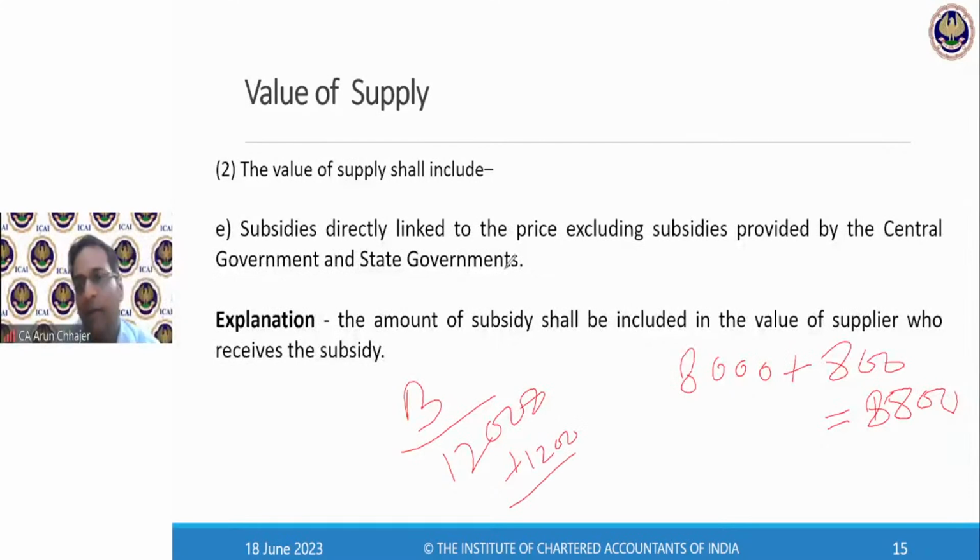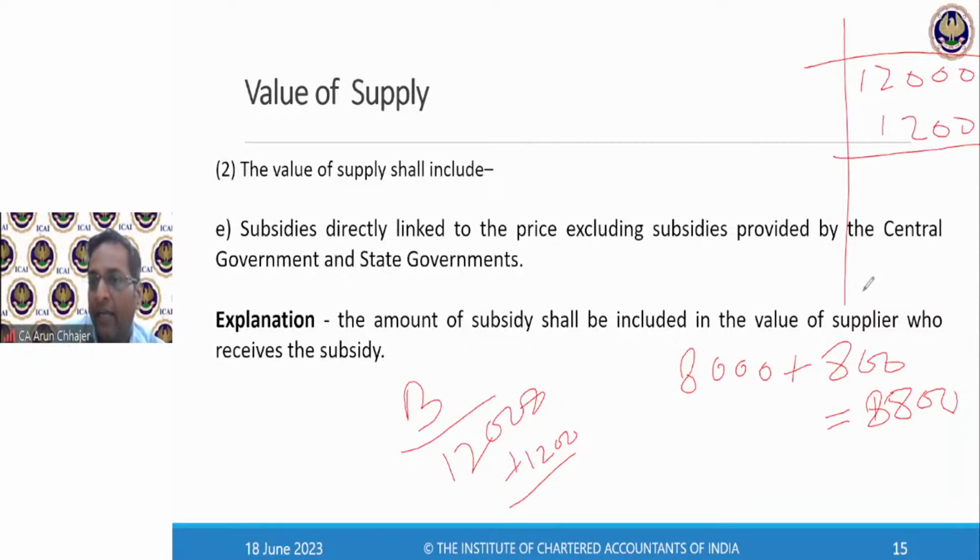How can it be paid? Let's say that B has raised the invoice to C of 12,000, charging the GST, let's say 1,200, and total 13,200, minus whatever amount you can calculate from the balancing figure. That total value would be 8,800.